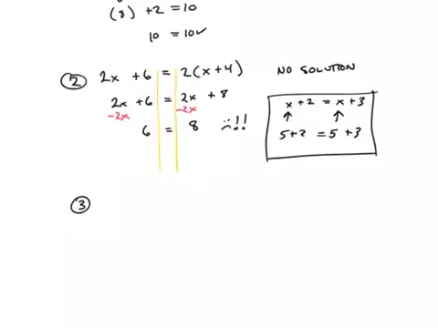Okay? But there was also a third type of outcome with our single variable equations. So, 2x plus 3 minus x is equal to x plus 3. Now this left side looks awful ugly.